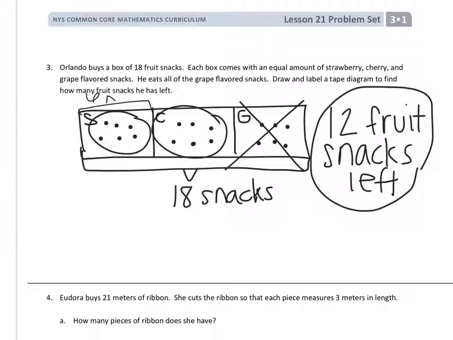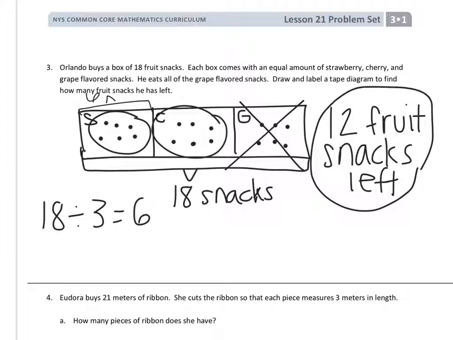What number sentences could I write to match my problem? I know that I started with 18 fruit snacks. And if I'm putting fruit snacks into equal groups, that means I'm dividing. What did I divide by? 3, because there were 3 different types of fruit snacks. Then I found out there were how many in each group? 6.